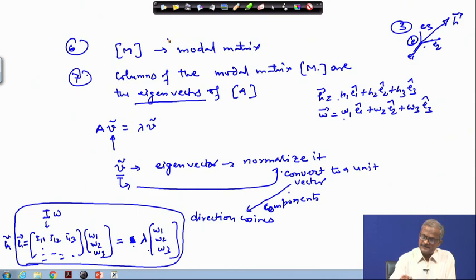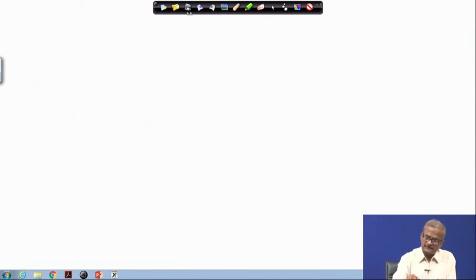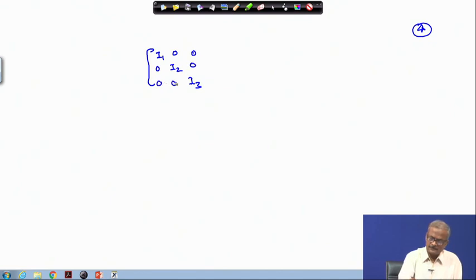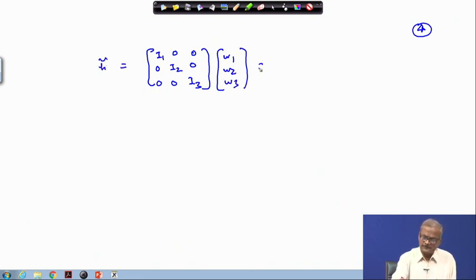We go to the next page. Say even if we have this kind of situation with I 1, I 2, I 3, and here we have omega 1, omega 2, omega 3, and this is your h, which you can write as I 1 times omega 1, I 2 times omega 2, I 3 times omega 3.